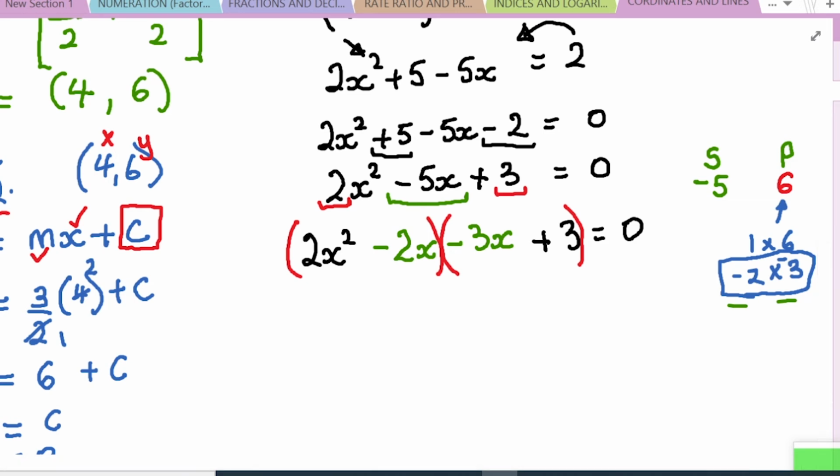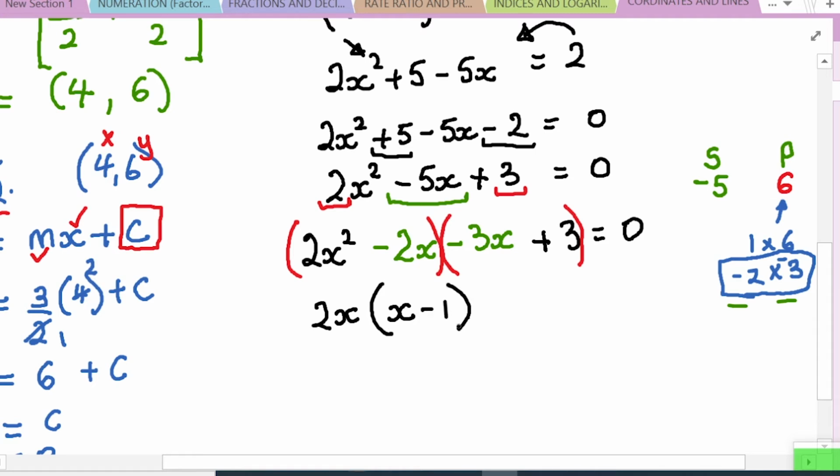So what is the common item here? It's 2x, 2x outside the brackets. 2x squared divided by 2x gives us x. Negative 2x divided by 2x gives us minus 1. Then what is the common item here? It is negative 3. Put negative 3 outside the brackets.